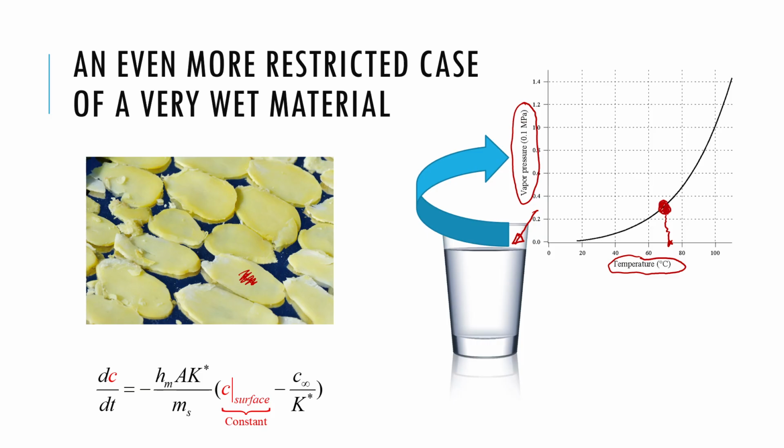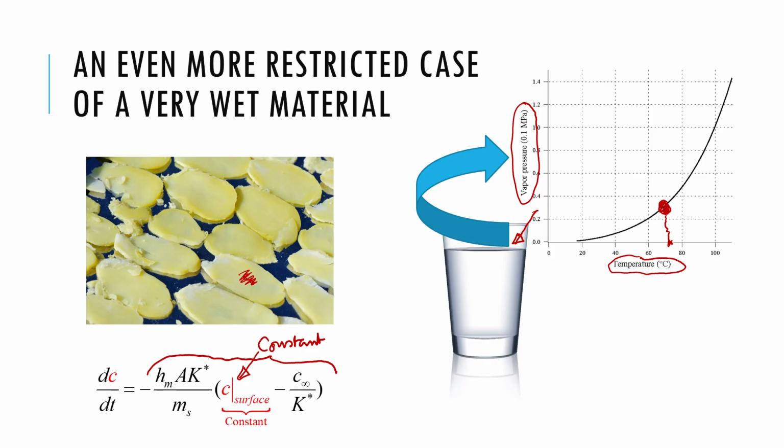And so this quantity, concentration of vapor at surface, is fixed. This being constant makes the entire right hand side a constant. So then dC/dt is constant, or concentration changes linearly. That's what we mean by a constant rate of drying.